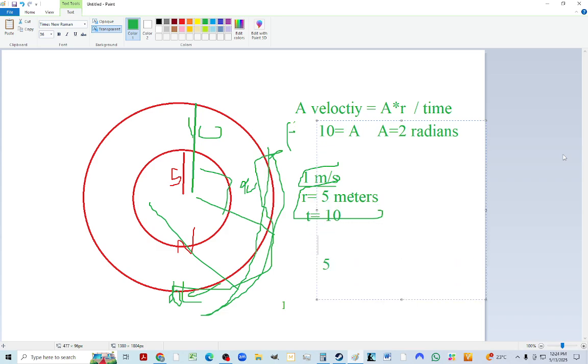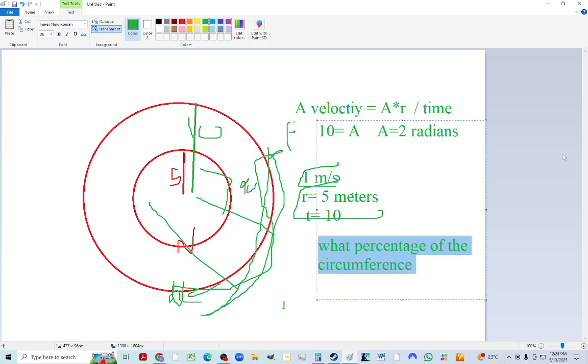Well, I know a full circle is now. Oh, here's an interesting question. What if I asked, what percentage of the circle is that? Well, I know that this radius was 5 meters. I went 2 radians.